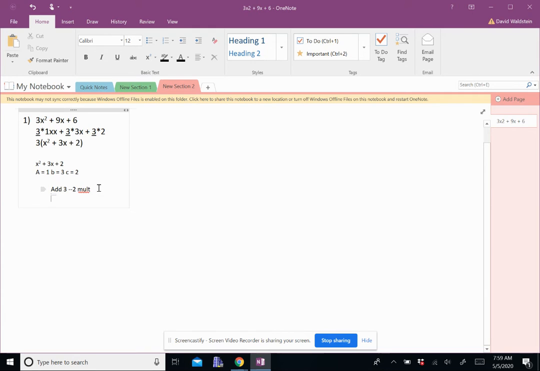All right, so we're going to split that middle term up. We're going to rewrite this, where we split that middle term up into 2 and 1. Don't forget to put those variables with it.